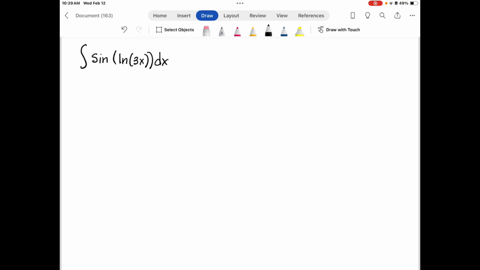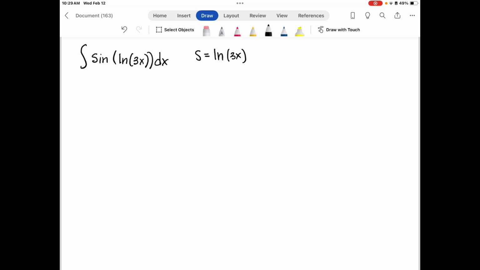Now, because we're going to be using integration by parts as well, I'm not going to use u for our substitution like we typically do because I don't want to get our u's mixed up. So I'm going to use s instead, s for substitution. So I'm going to let s be equal to the natural log of 3x.